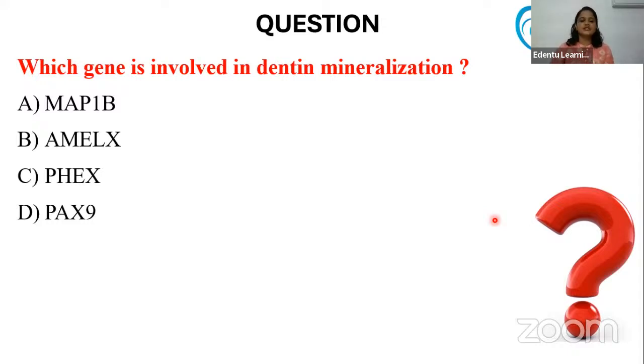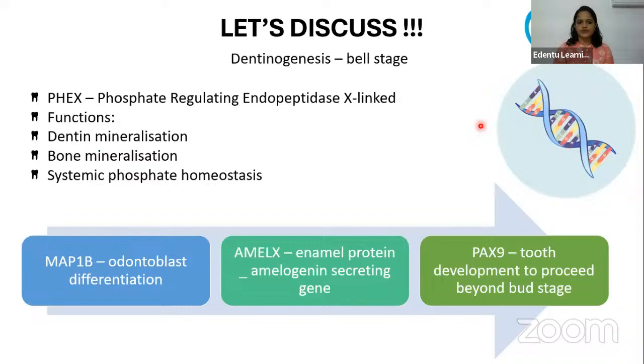So the gene that is involved in dentine mineralization is option C, PHEX. Let's see what dentinogenesis means. As you know, dentine formation usually happens during the bell stage of tooth development. And the PHEX gene is a phosphate regulating endopeptidase X-linked gene.